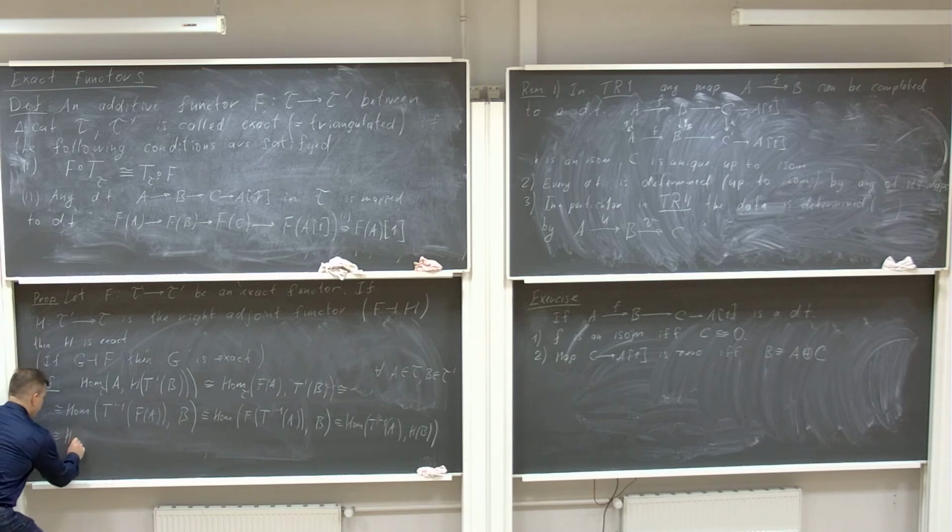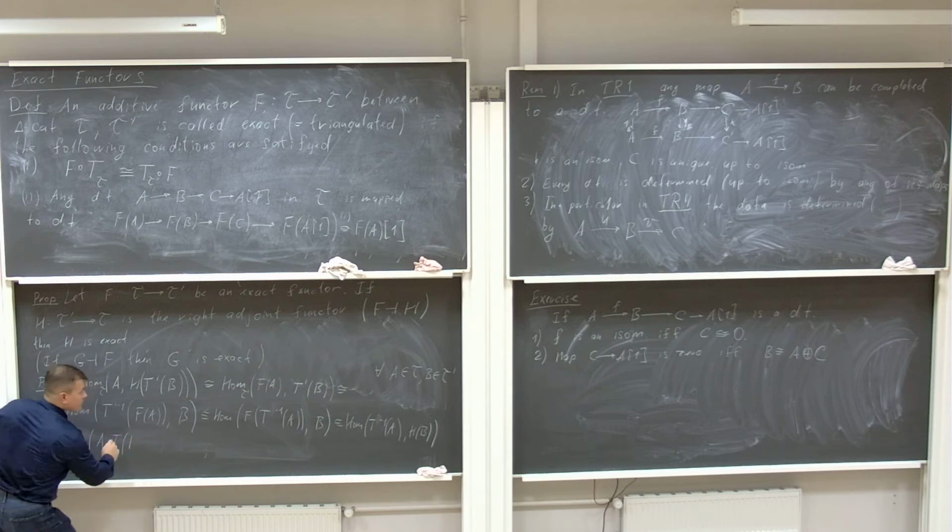So this is isomorphic to the Hom from A to T applied to H of B.